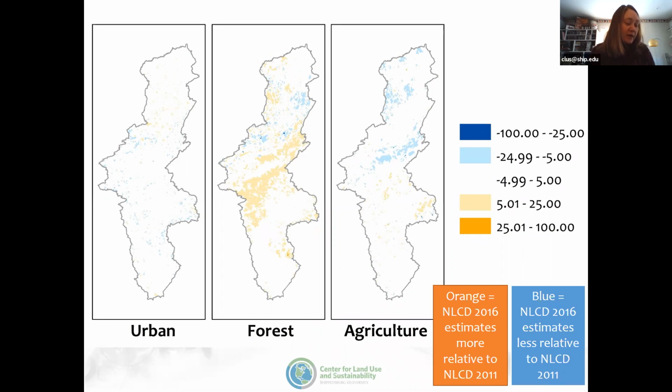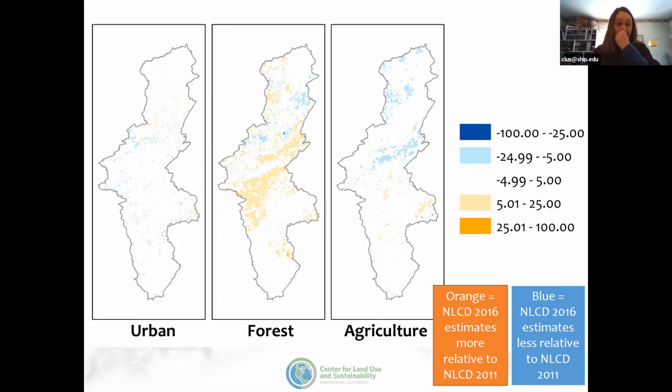As we saw, individual catchments can vary as much as plus or minus 100% across urban, forest, and agriculture, but the forest class shows the highest variability. In the forest class, differences frequently exceed plus or minus 40%, while differences in the urban and agricultural classes exceeding plus or minus 25% are pretty rare.